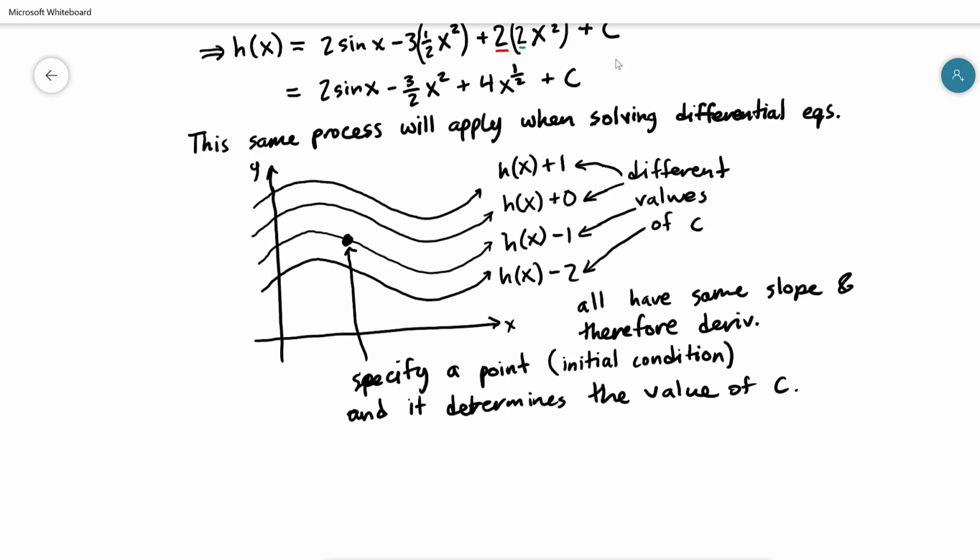So looking at this, there's only one of these curves that happens to go through this point. This is the unique solution that happens to go through this particular point, and maybe this point would be specified as some important condition we're wanting to meet in the problem. So just keep this idea in mind. We will need additional information.